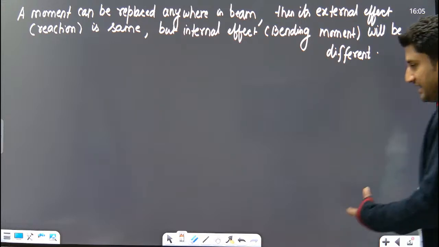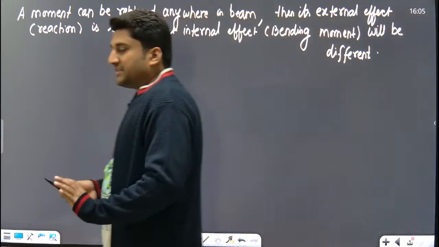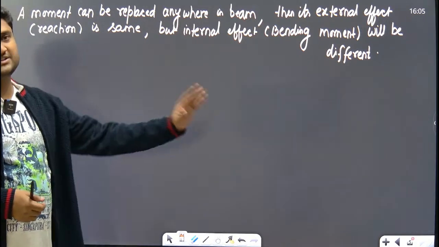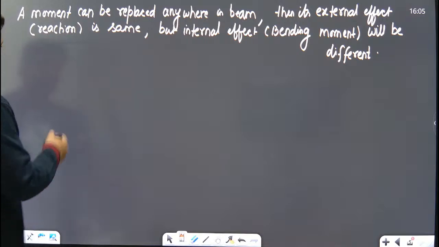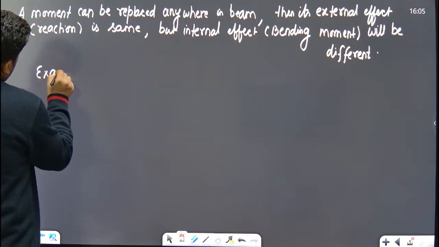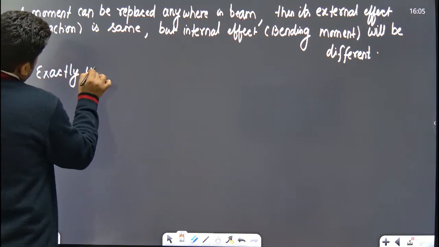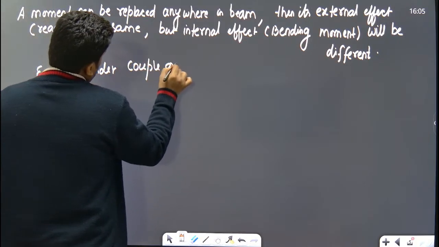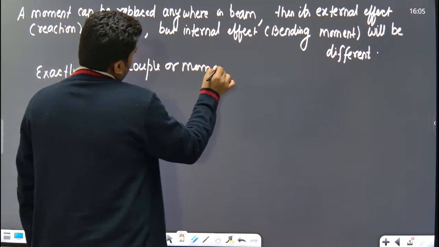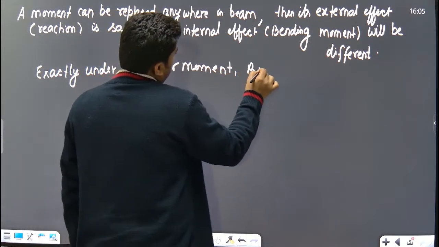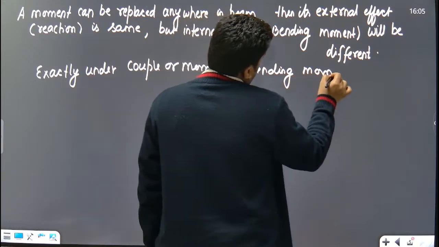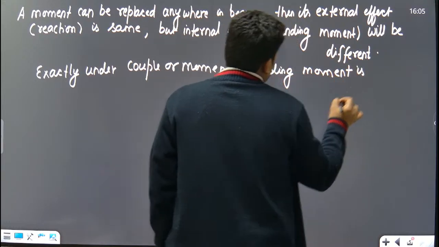So exactly under a couple or a moment, bending moment is indeterminate. That is why we calculate ILD for bending moment at RHS or LHS. Okay. So exactly under a couple or moment, bending moment is indeterminate.